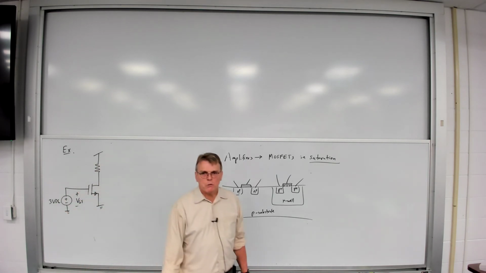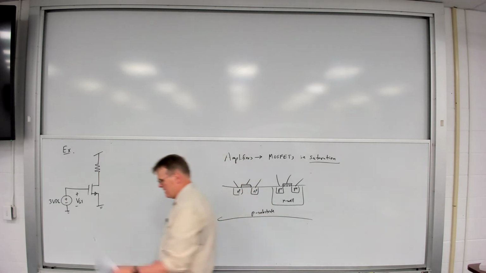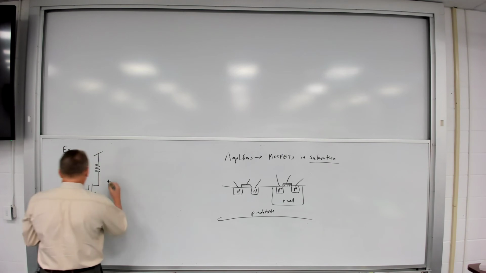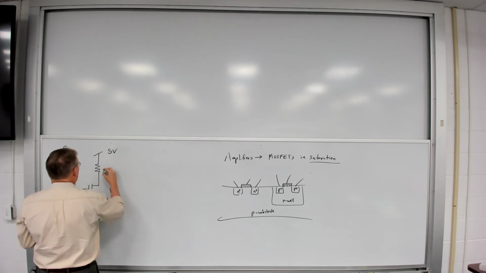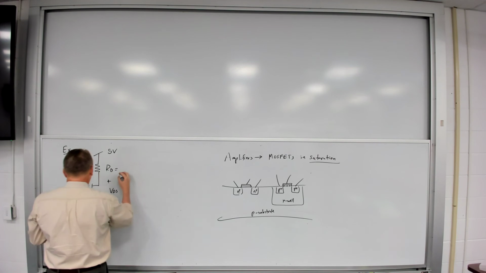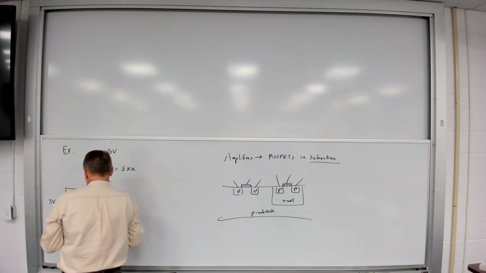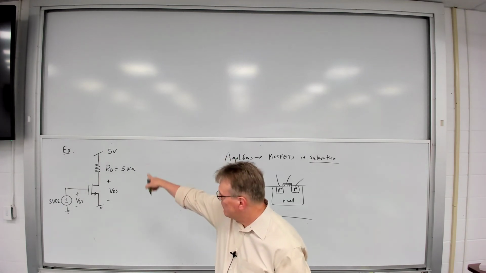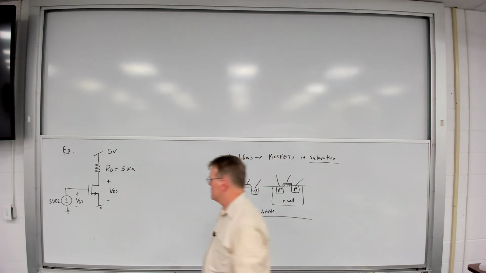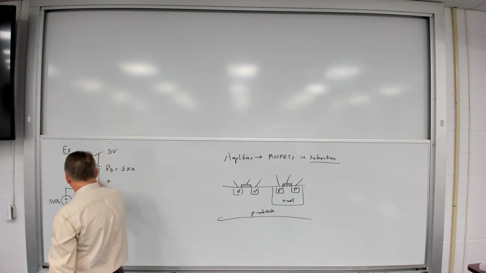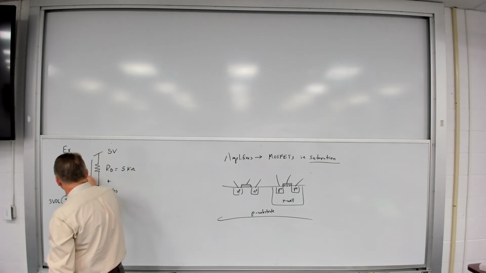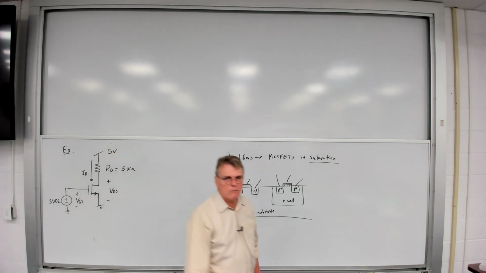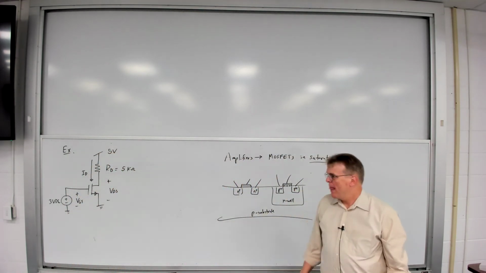That is my gate source voltage, VGS. I've got a drain resistor connected between the drain and the 5-volt supply, R sub D. That's 5 kilo ohms. My current is going to flow into the drain of my NFET, and that same drain current is going to flow through the resistor, right?